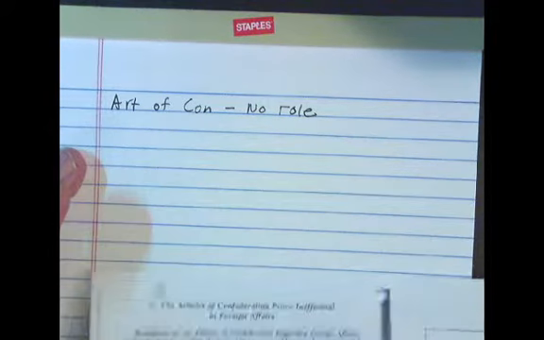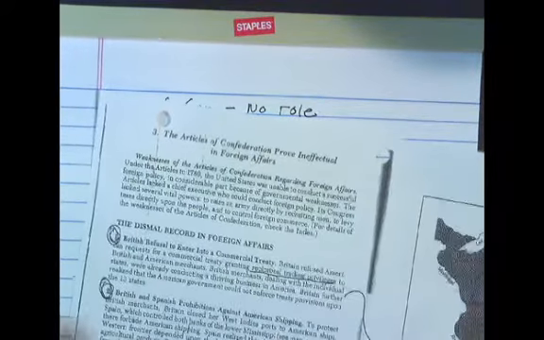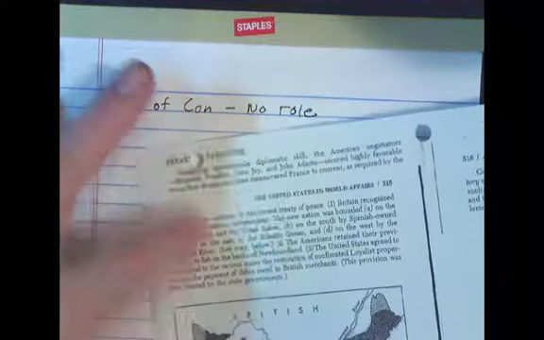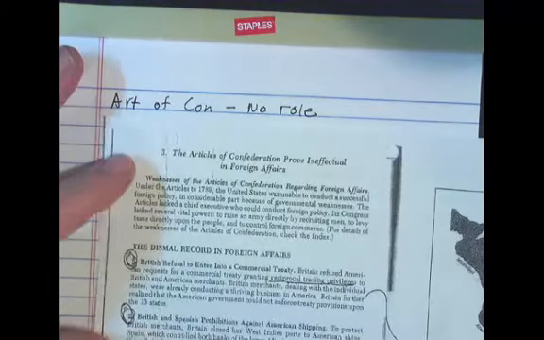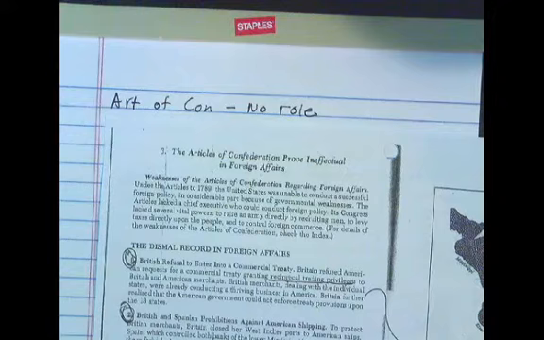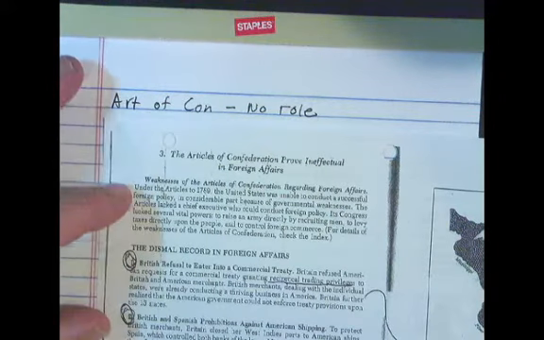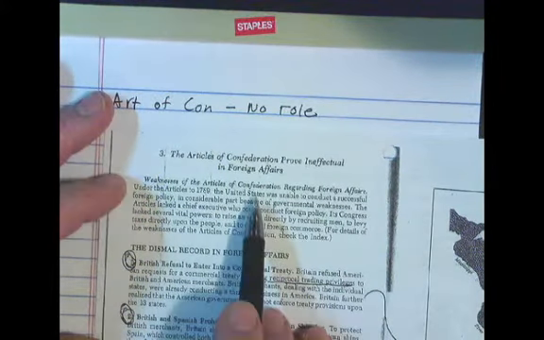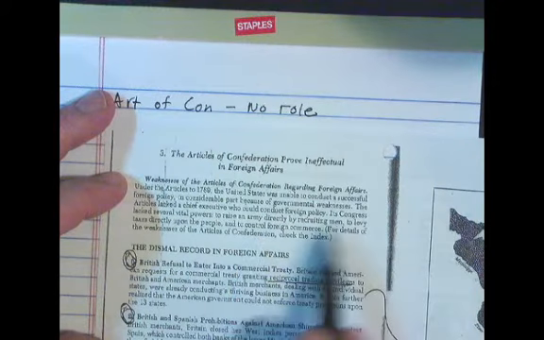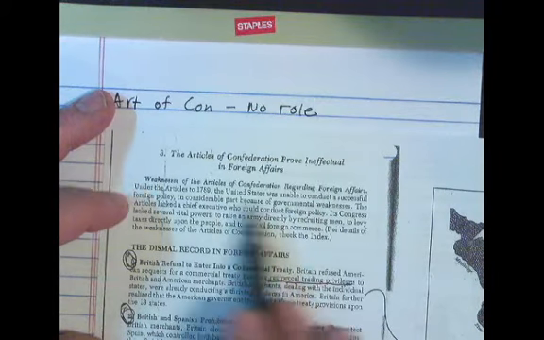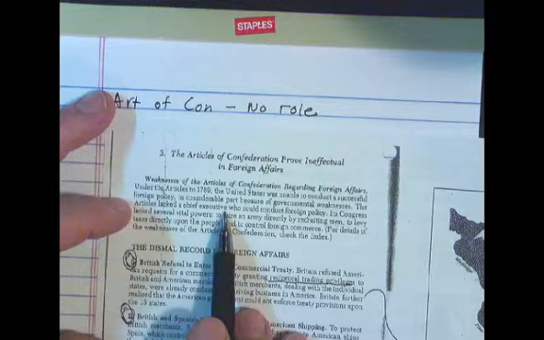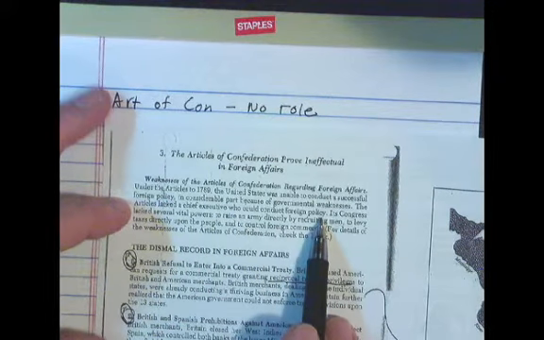Well, first of all, I'm going to use this document that explains the treaty that sort of ended the war and revolution, and then the Articles of Confederation, a summary here about what the weaknesses were. Of course, no chief executive who could conduct foreign policy.